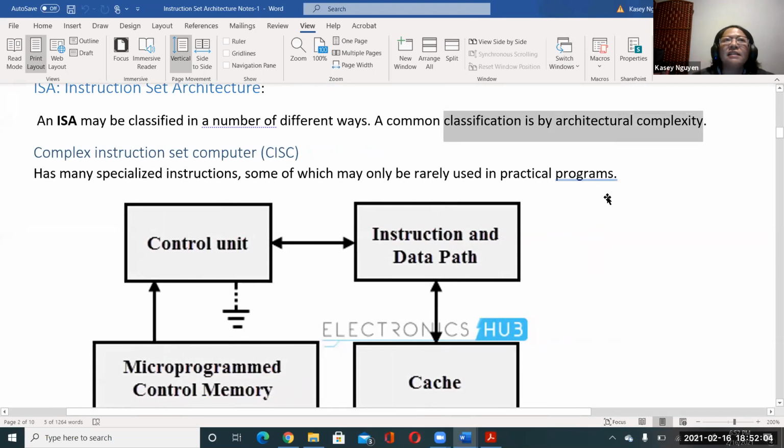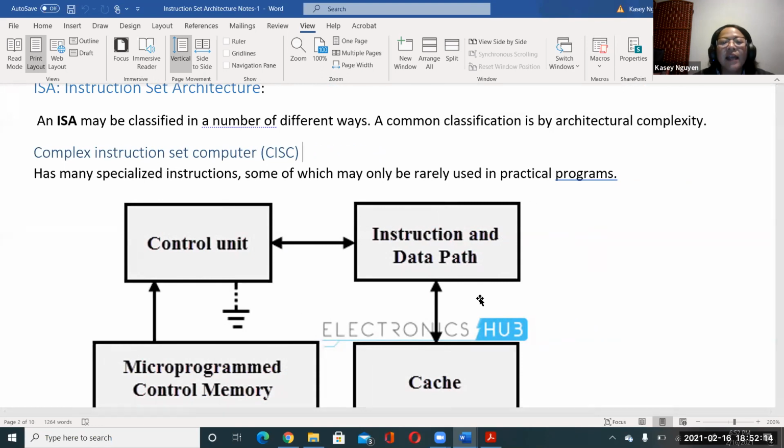How complex is it? Some are more complex than others, okay? So the complex instruction set computer is a category for it. It would be specialized using certain instructions, and it's rarely used for your practical programs.